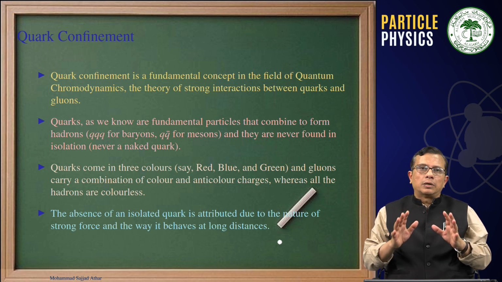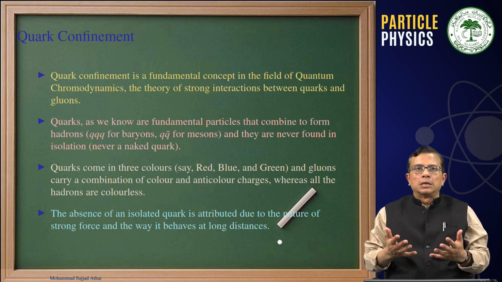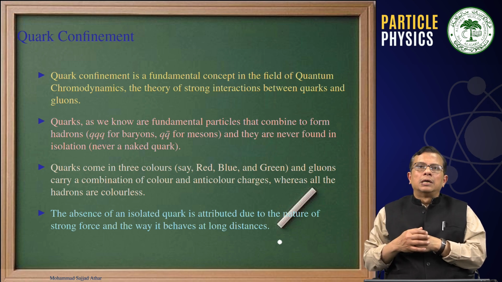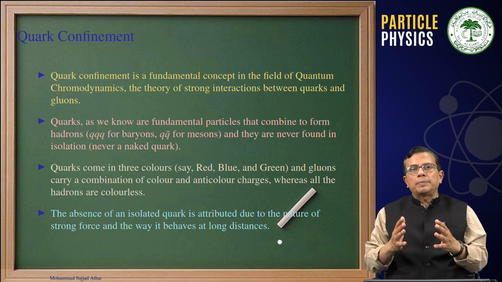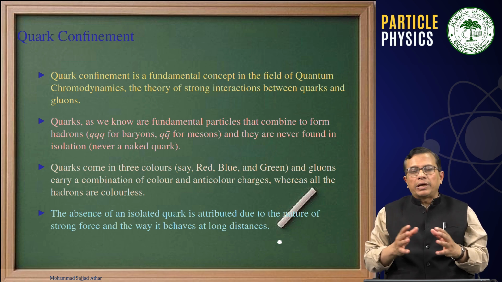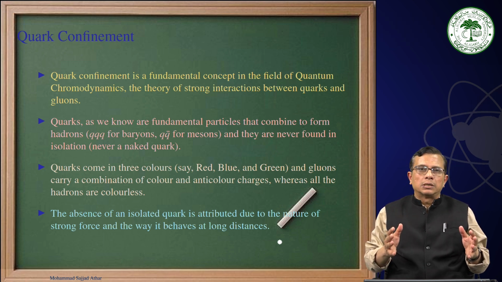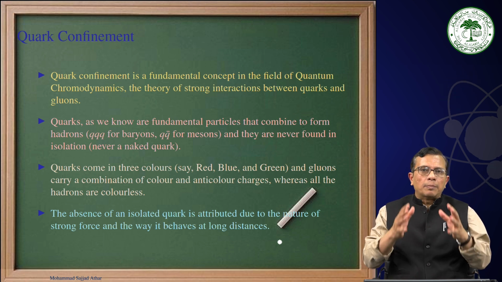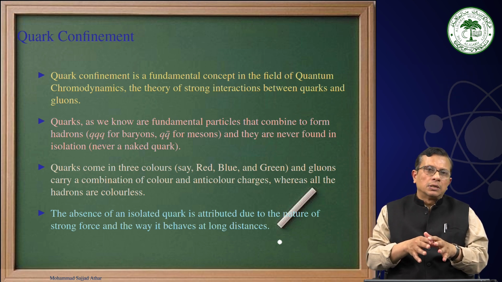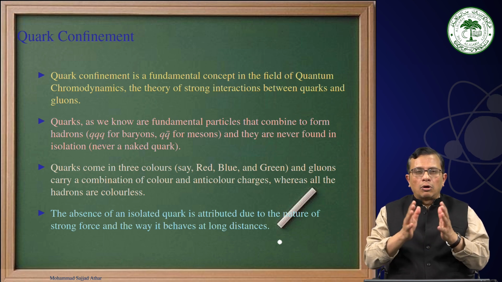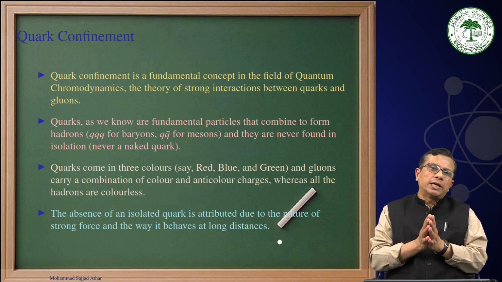Now we have anti-quarks like U bar, B bar, C bar, etc. And then the important concept we learned while discussing quarks is that we have not seen an isolated quark. We see them only in hadrons, where all baryons are made up of 3 quarks and all mesons are made up of a quark anti-quark pair.